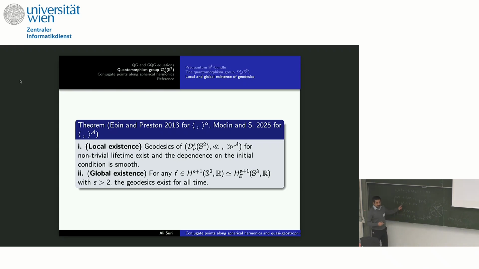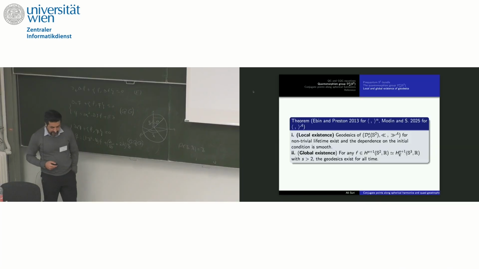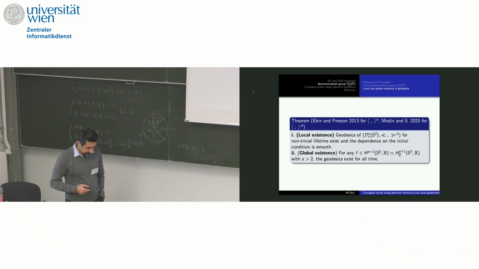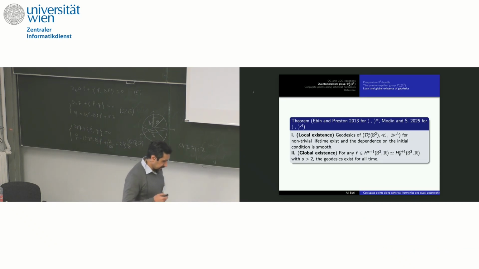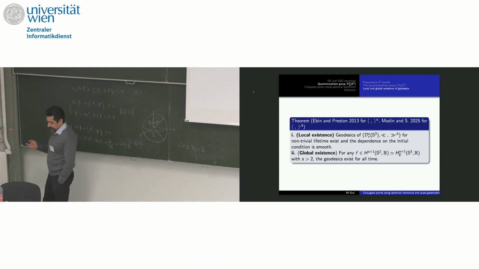In the absence of this term, the solution exists for short time and the dependence on the initial condition is smooth. That comes from the usual Picard-Lindelöf theorem for smooth vector fields on Banach manifolds, on Hilbert manifolds here.